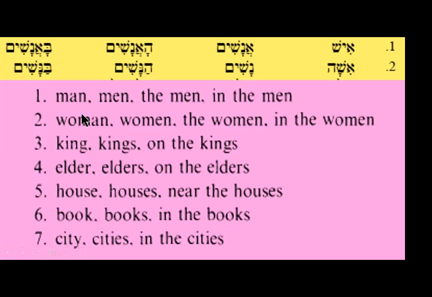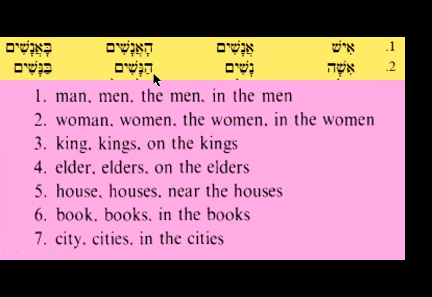Okay, for woman, women, the women, and in the women. So woman first is isha. Okay, women is nashim. So remember we have anashim is men and nashim is women. Okay, the women.